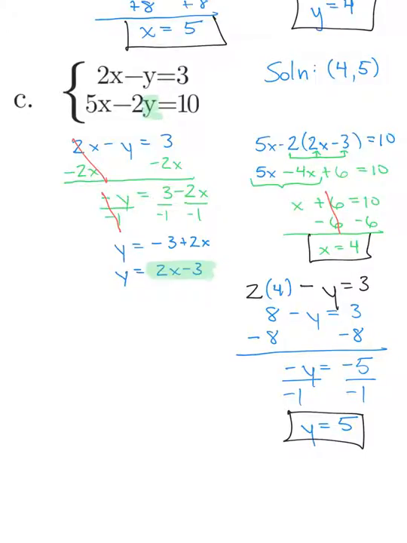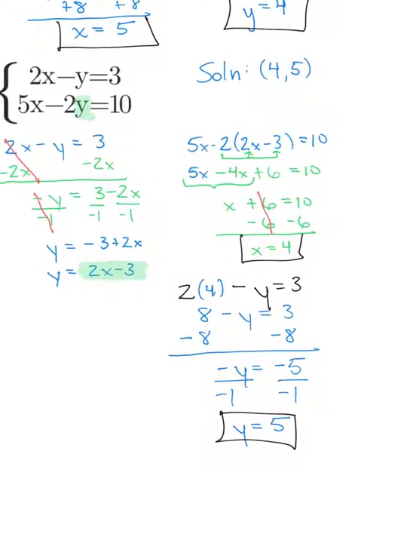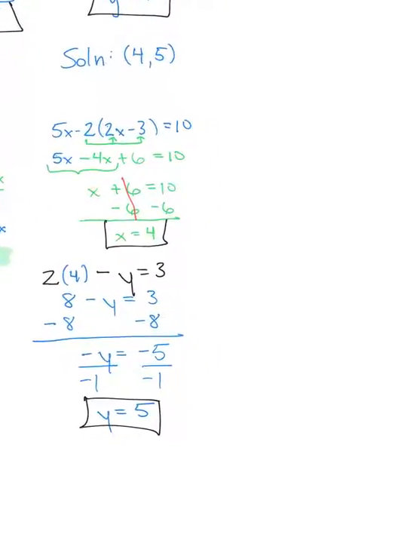Okay, let's go ahead and check this now. If we plug this back into our original equations, we had 2x minus y equals 3. If we plug in, we get 2 times 4 minus 5.